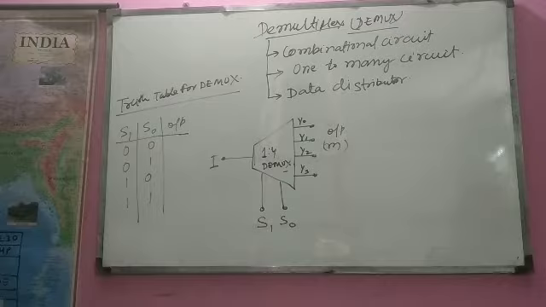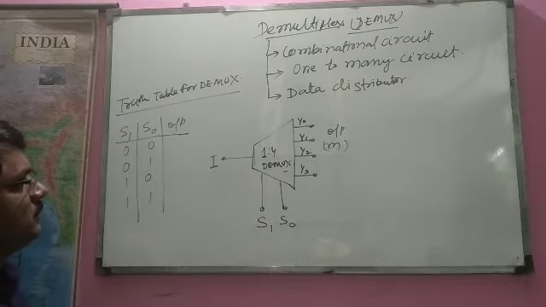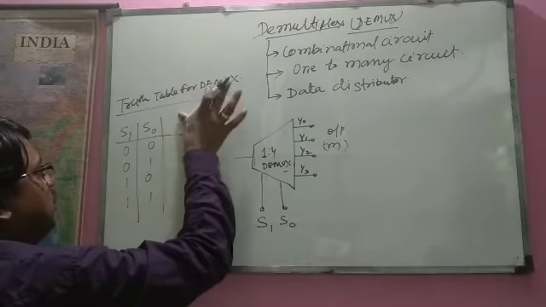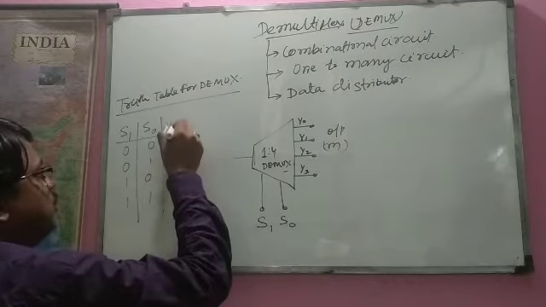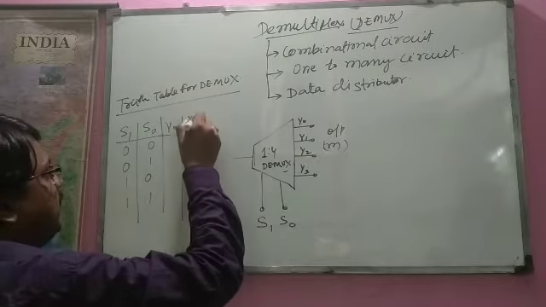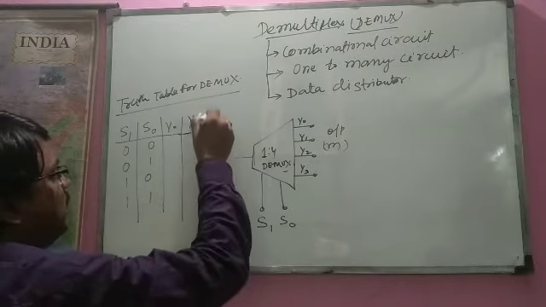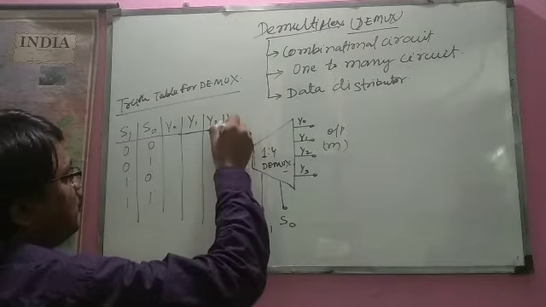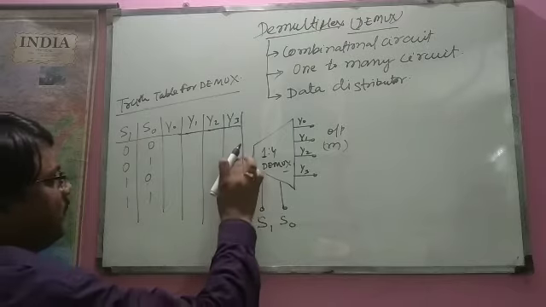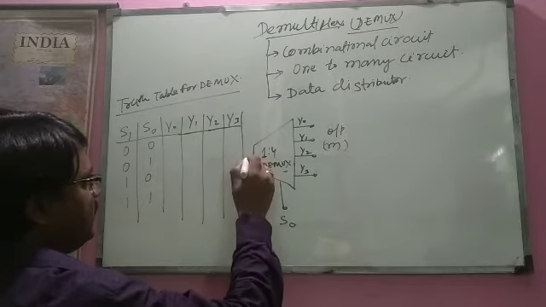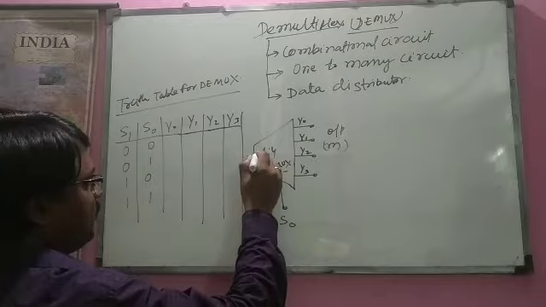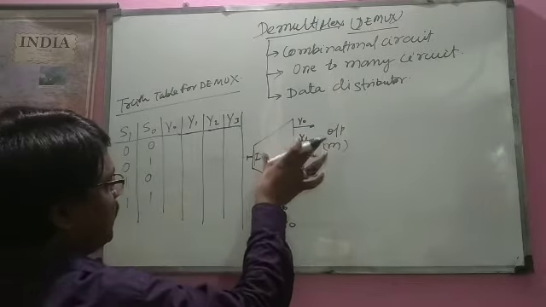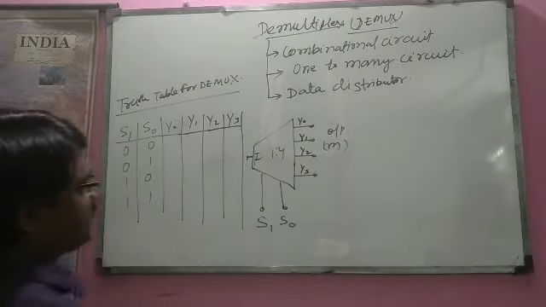There are 4 outputs, so we will mark Y0, Y1, Y2 and Y3. These are the possible outputs, and this is the input I. This is the 1:4 DMUX.